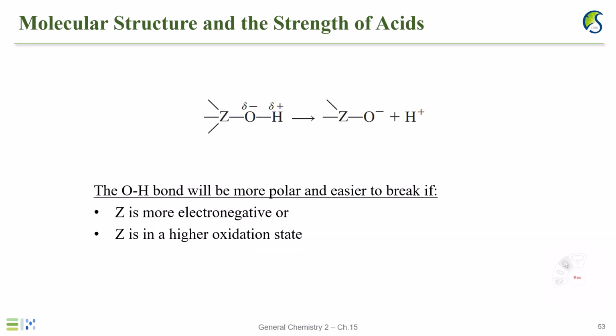Okay, so if I summarize, in this general oxo acid, when it becomes an acid by this proton being detached to generate H plus, depending on the electronegativity or oxidation state of this Z atom, you can relatively compare the strength of oxo acids.